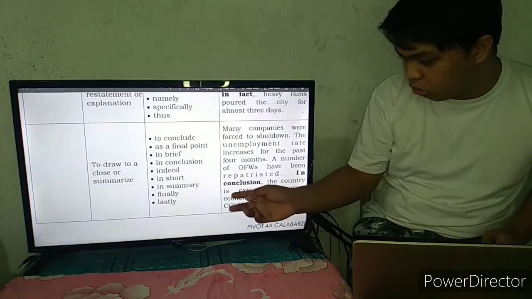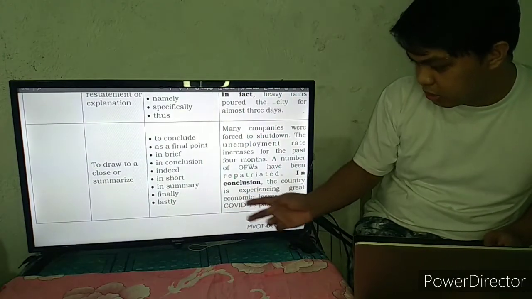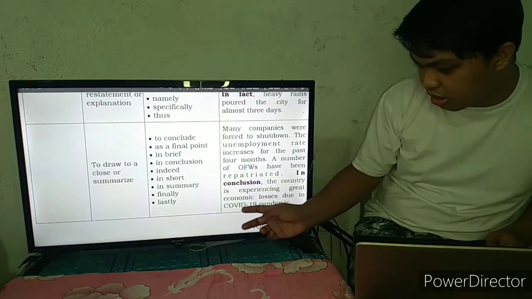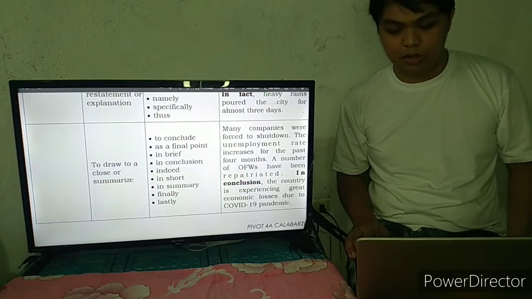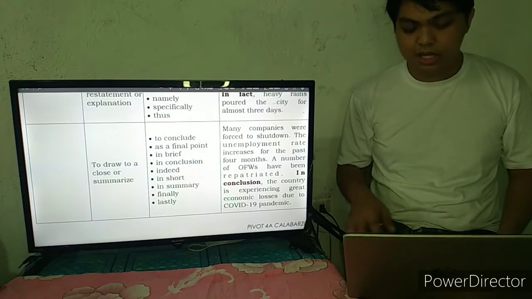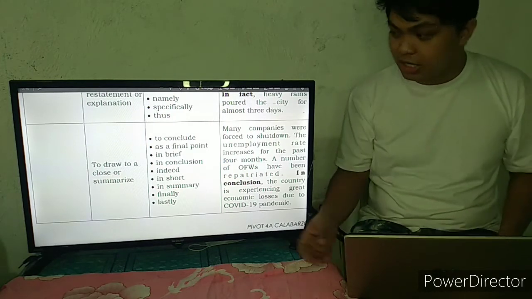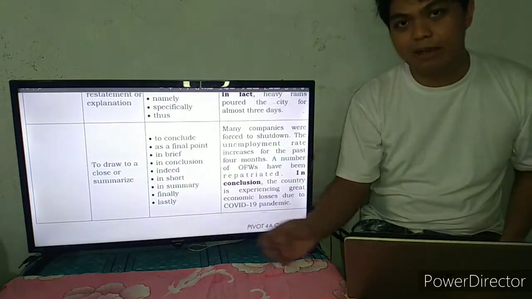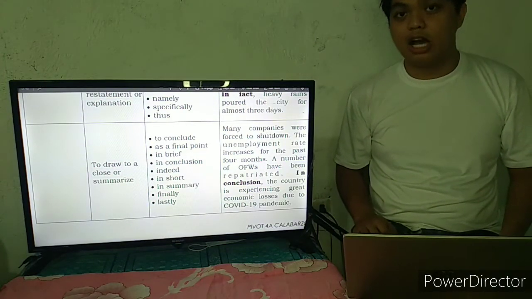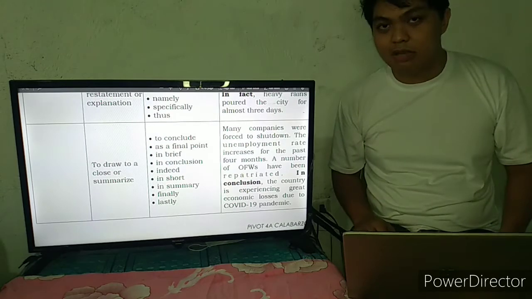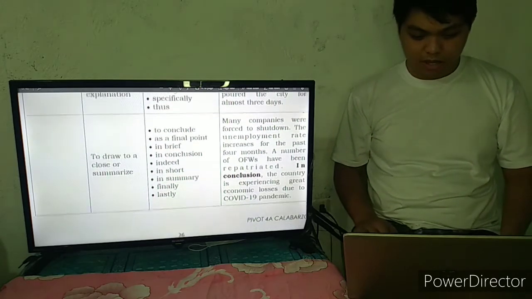So, in conclusion, the country is experiencing the great economic losses due to COVID-19 pandemic. Okay? So, that is to draw or to summarize. Ito yung ating mga words na ginagamit sa pag-draw or pag-summarize under pa rin siya ng additives transition. Next one.